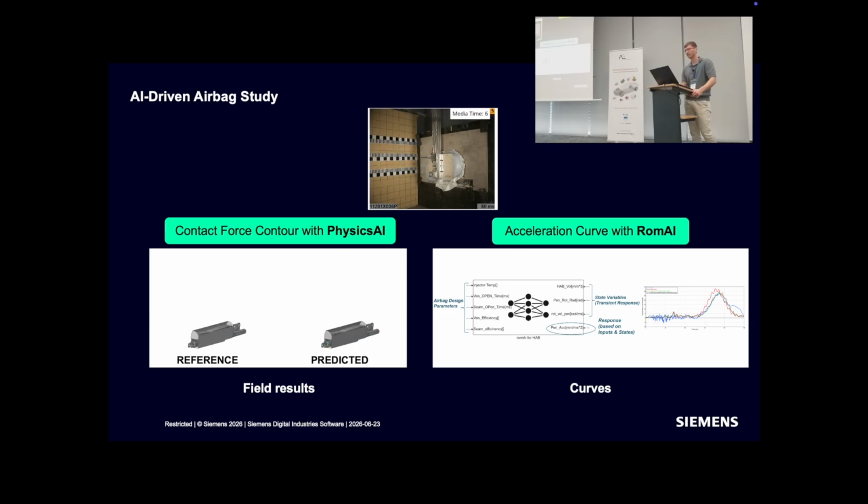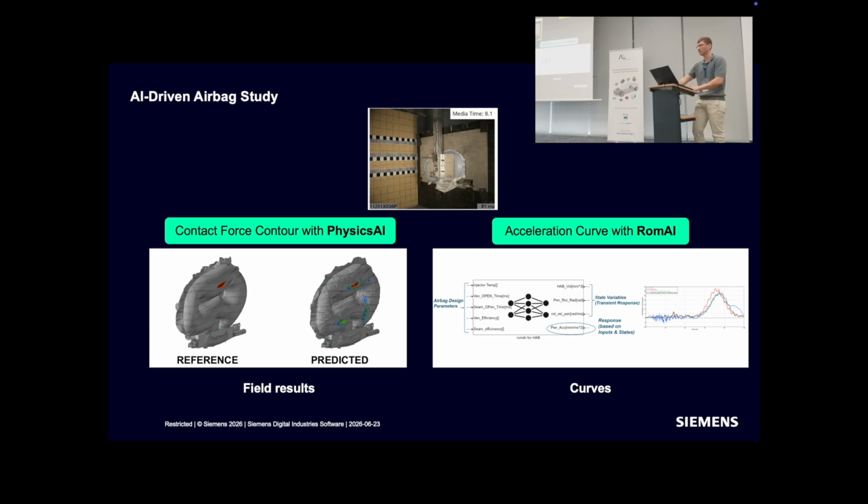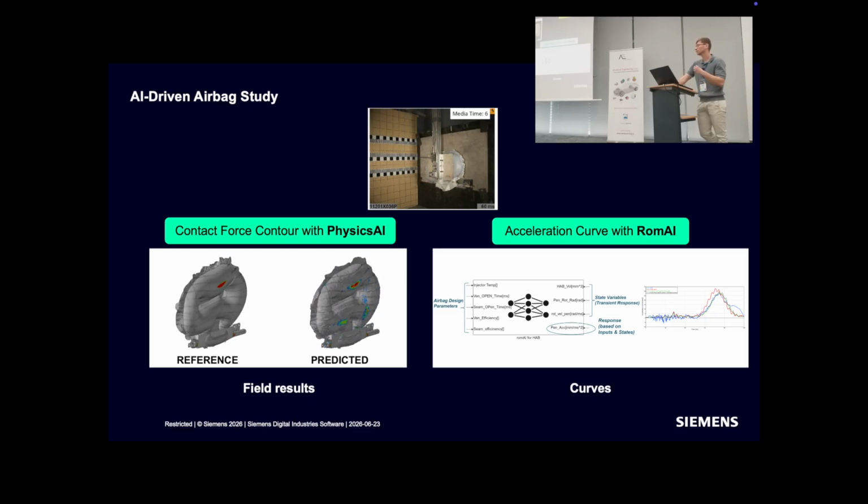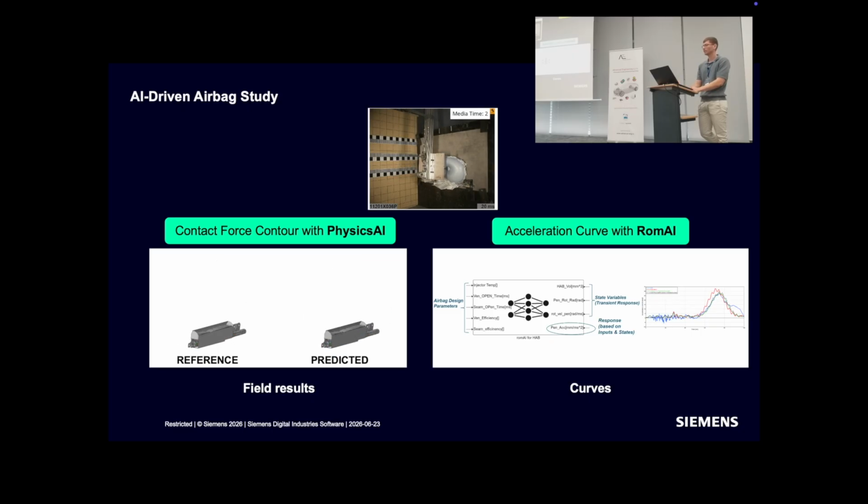On the left-hand side, in this use case, we want to predict the contact forces. So we want to predict a field of values. In this case, we utilized Physics AI.